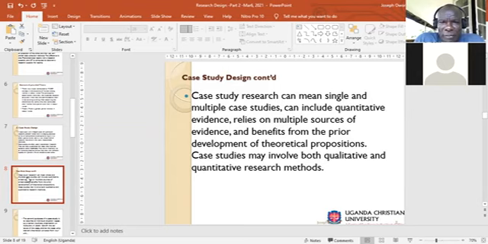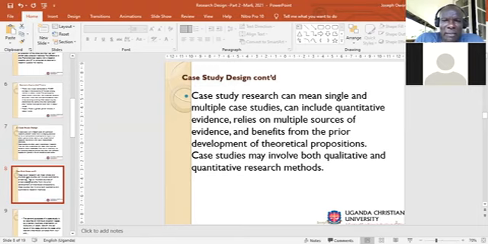And the benefit from the prior development of theoretical propositions is very important. So it would be important if you went to do a case study with a theory in your mind, or with a theory that has already been proposed by other people.